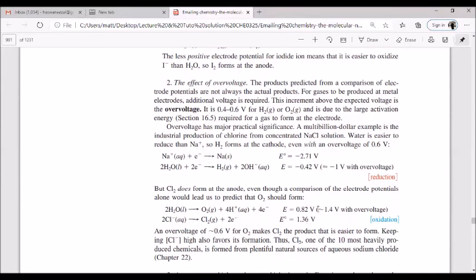So with overvoltage for the case of forming oxygen at the anode, chlorine is therefore produced at the anode. The overvoltage of 0.6 volt for oxygen makes chlorine the product that is easier to form. Keep in mind that a high concentration of chloride ion also favors its formation.